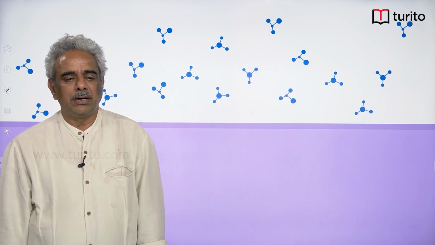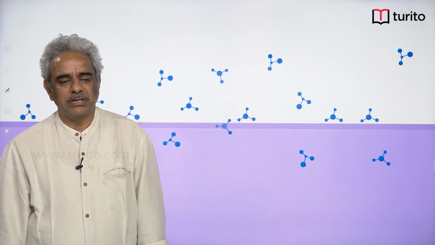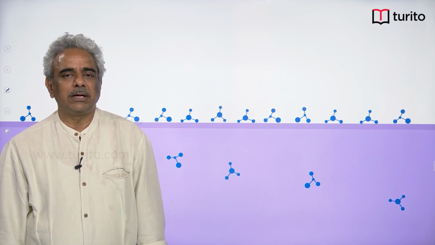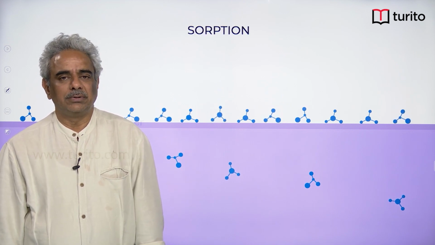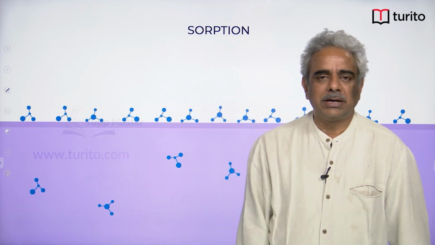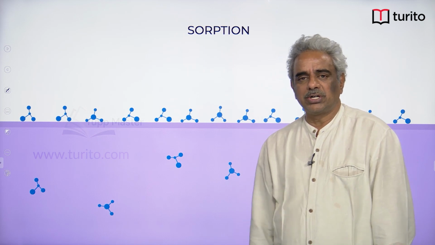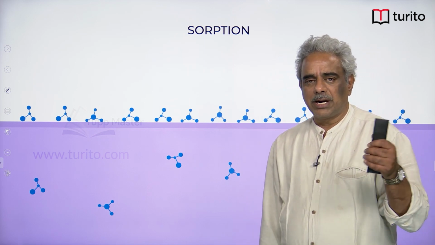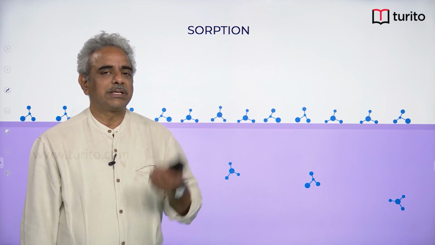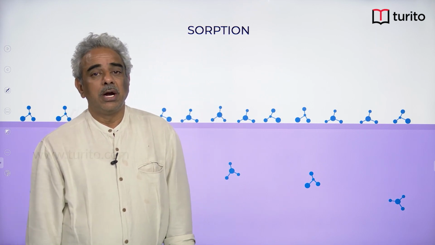Particles entering into the bulk or staying on the surface is called sorption, particles entering into the bulk completely is called absorption, particles confined to the surface itself is called adsorption, particles escaping from surface is called desorption.